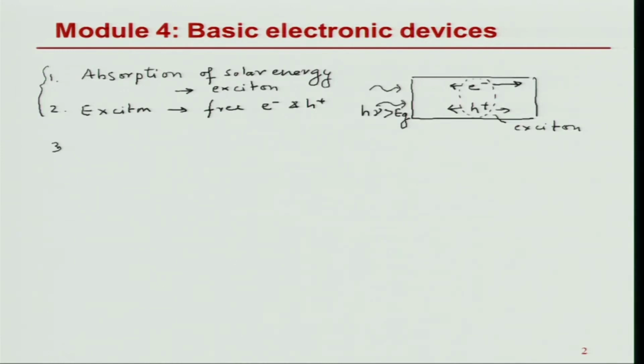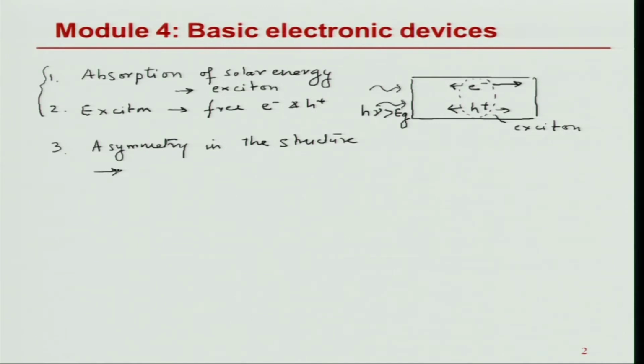Now comes the essential step of the photovoltaic, where electronic devices are important: we have to have an asymmetry in the structure, such that the asymmetry makes sure that the electrons are collected on one end and the holes on the opposite end, because if there is no discrimination on how the electrons and holes move, they will eventually recombine and you will not get anything.